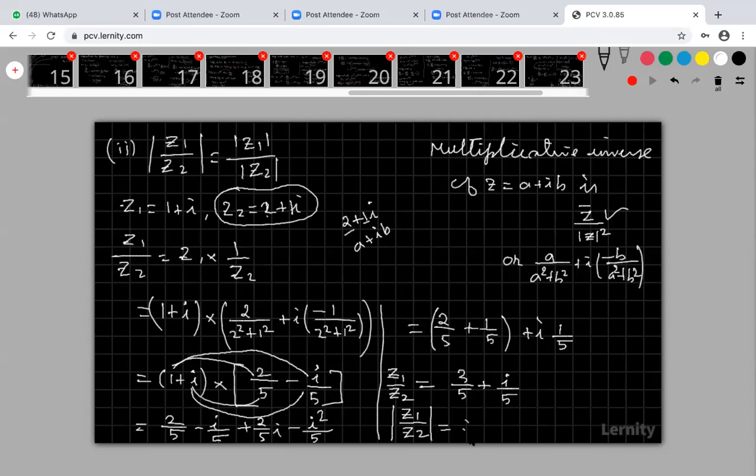So now come to that. There are two formulas to find out the multiplicative inverse. One is this, one is this. Whichever is easy for you, you proceed. You will get the same answer. This is 3 by 5 the whole square plus 1 by 5 the whole square under the modulus. So this is 3 by 5 the whole square, which is 9 by 25, here 1 by 25, totally 10 by 25.